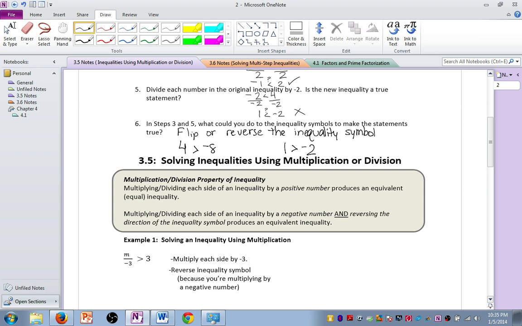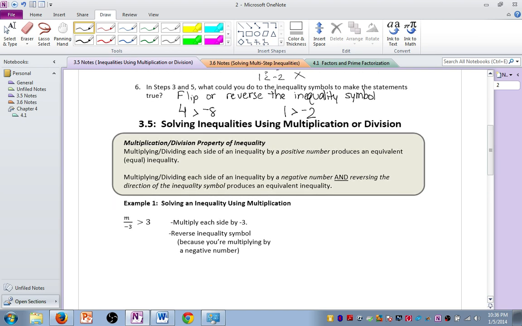But if we're multiplying or dividing each side of an inequality by a negative number, we would then need to reverse the direction of the inequality symbol in order for that inequality to be equivalent. Let's take a look at example 1 and see how we would follow those steps.